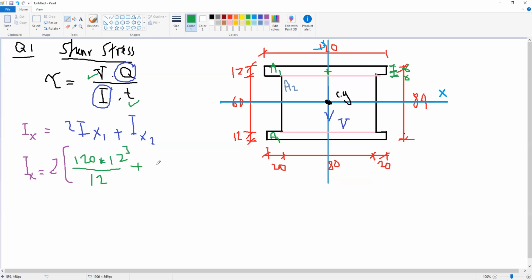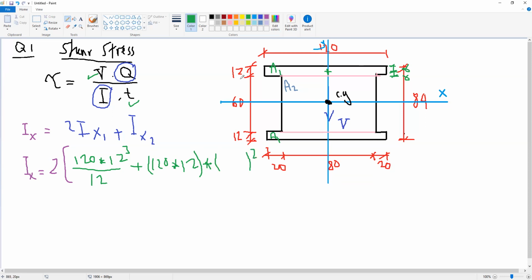So we have the area, which is 120 times 12, multiplied by the distance squared.